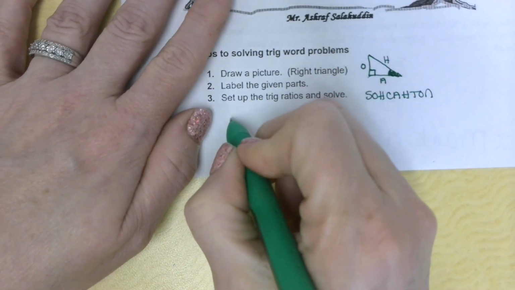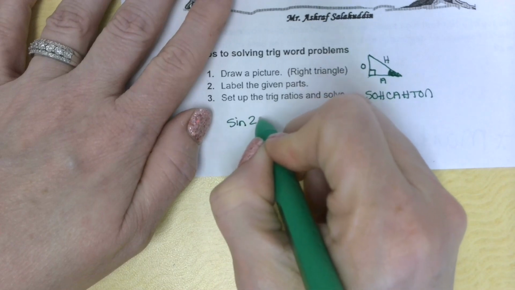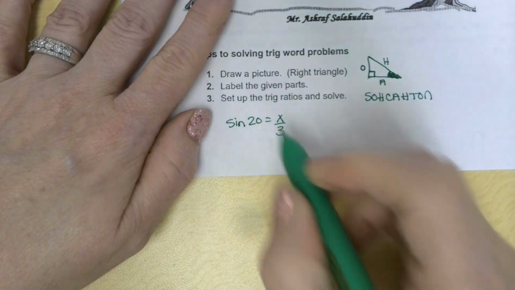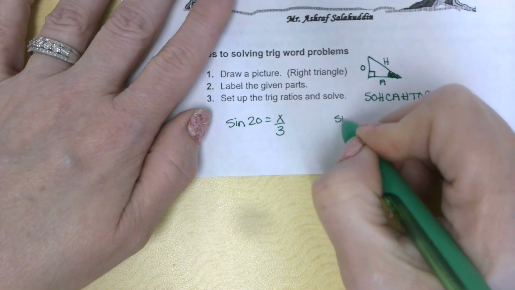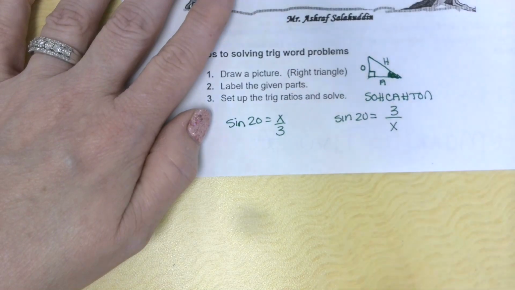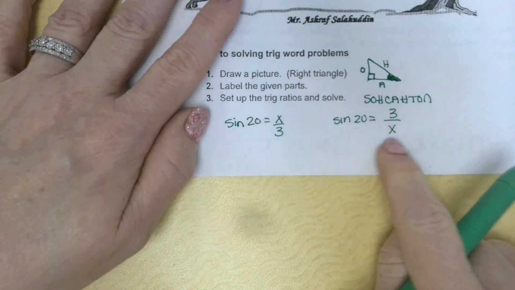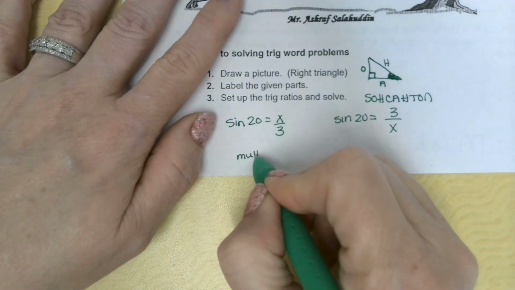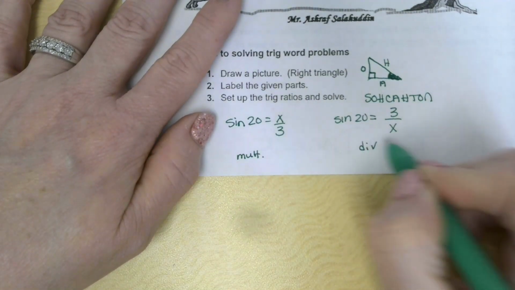I'm just going to give you an example. When X is on top, it's a multiplication problem. When X is on the bottom, move the trig to the bottom. It's a division problem. So this is a multiplication problem. This is a division problem.